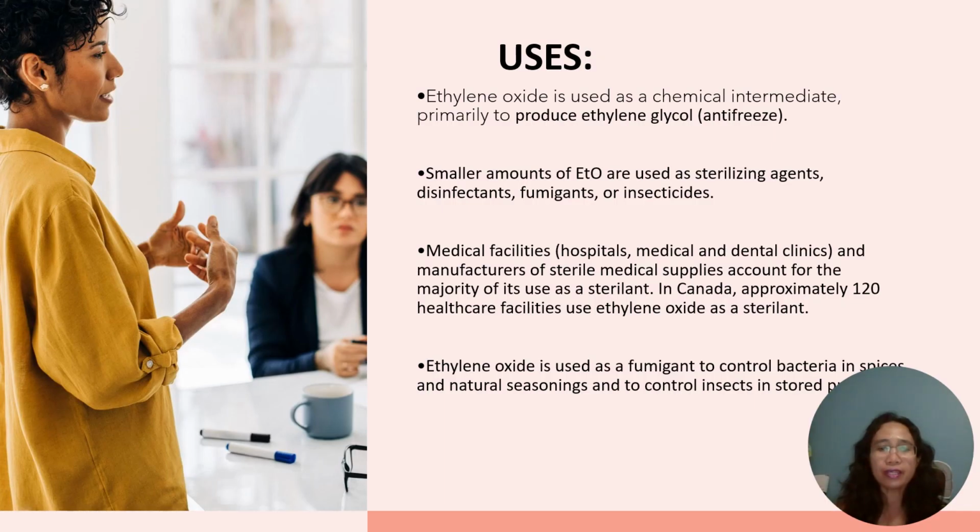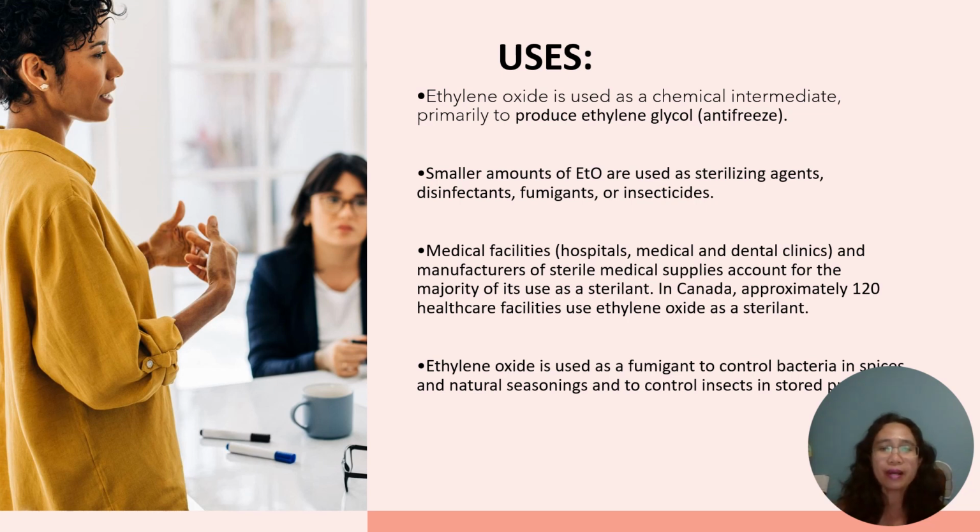Uses of ethylene oxide. Ethylene oxide is used as a chemical intermediate, primarily to produce ethylene glycol or antifreeze. Smaller amounts are used as sterilizing agents, disinfectants, fumigants, or insecticides. Medical facilities, hospitals, medical and dental clinics, and manufacturers of sterilized medical supplies account for the majority of its use as sterilant.